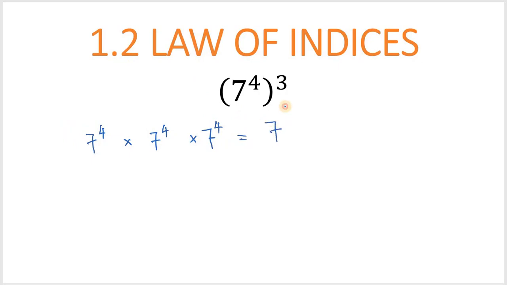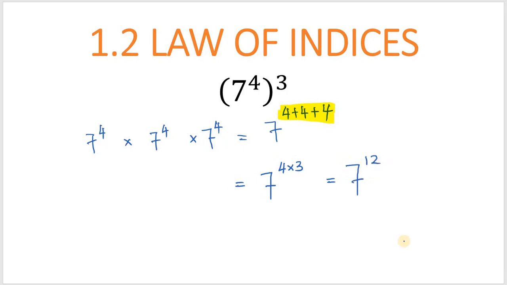So this one will equal to 7 power of 4 plus 4 plus 4, and then this is plus the same number, isn't it? So when we have plus in the same numbers, we can write it as multiply. So 7 power of 4 times 3. So we will have 7 power of 12.